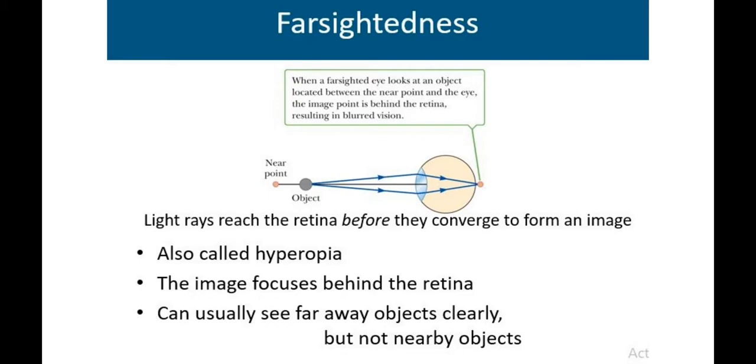Then this lens cannot get thicker in the middle, so the focal length is not getting very small, and therefore the sharp image of the object is further than the position of the retina.